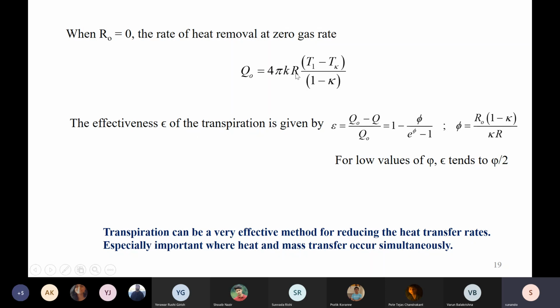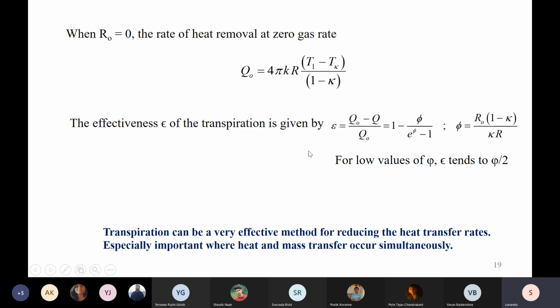So that's what is known as transpiration. You blow a small convective flow that opposes the flow of the conductive heat flux, and this is the effectiveness that you are going to get, and this is the definition of phi. And for low values of phi, this epsilon tends to phi by 2.